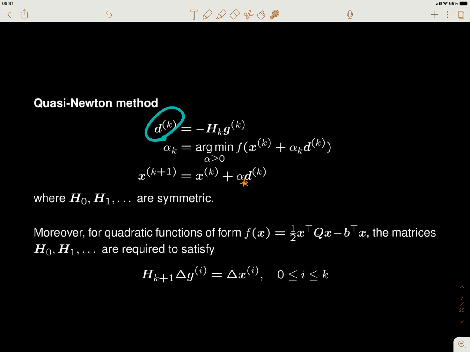Recall what we did in the conjugate gradient method. The key is to construct these conjugate gradient directions, Q conjugate directions. And if we're using the Q conjugate directions as search directions, we can guarantee convergence to the minimizer within n steps for quadratic functions.